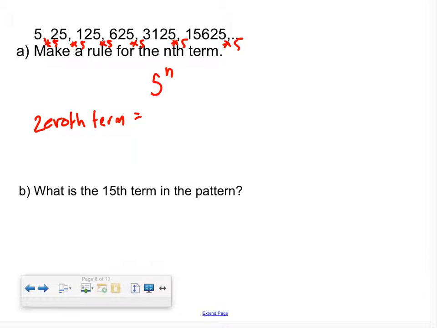So we got to go backwards one step. What is 5 divided by 5? Which is 1. So the rule then is a sub n equals 1 times 5 to the nth power.